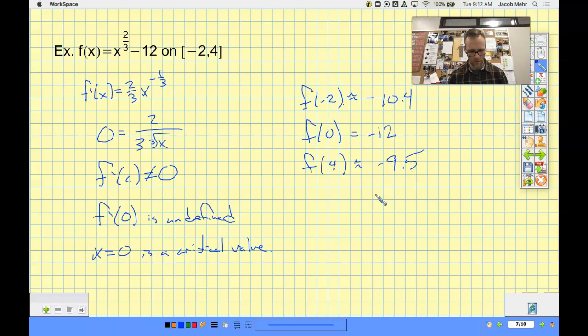So what do we see here again? We see it starts at negative 10.4, goes down to negative 12, comes back up to negative 9.5.